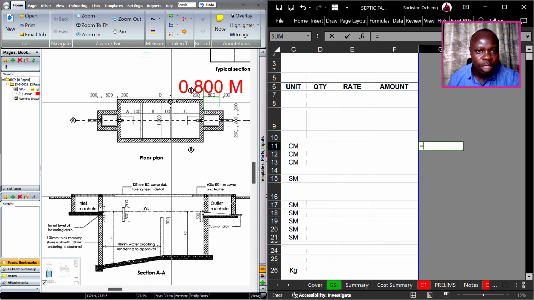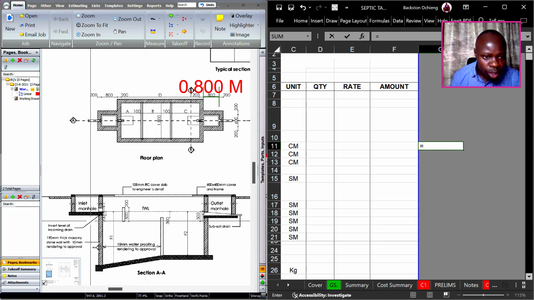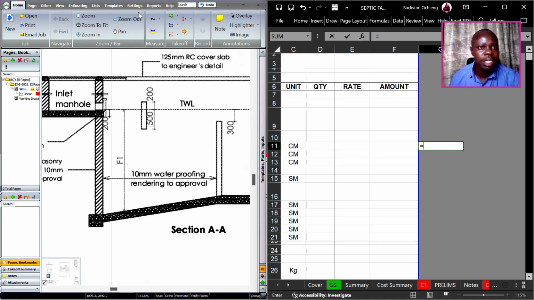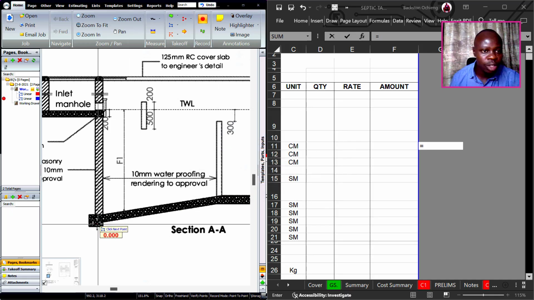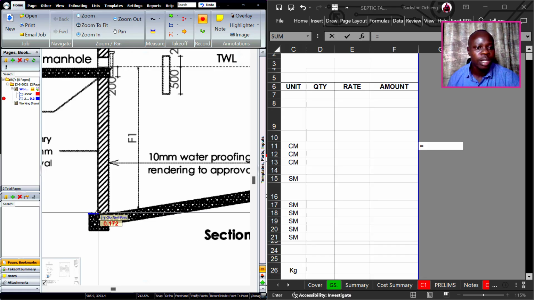we've seen D is 3.6, okay? So starting from this end, we'll take, so looking at the section, you notice there is a stretch, there is an extension here, which we'll have to measure because it's not indicated. We'll have to measure for the slab so that we know what it is. So that one is around 1.